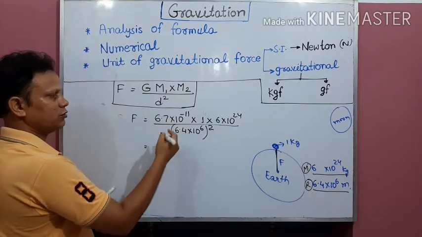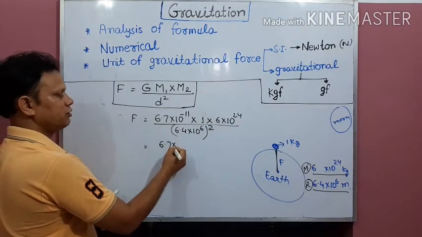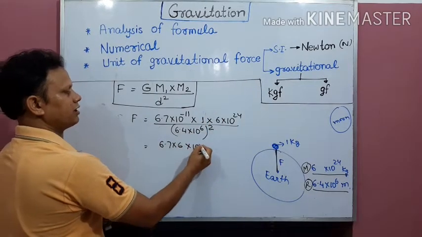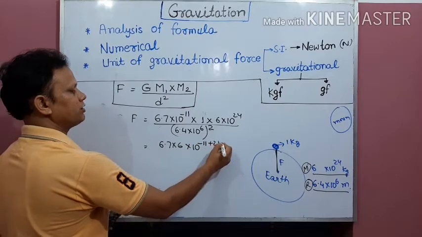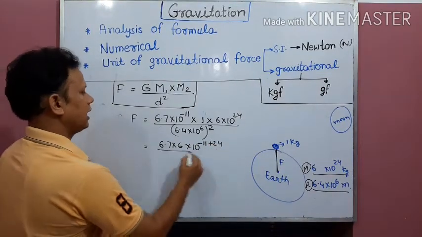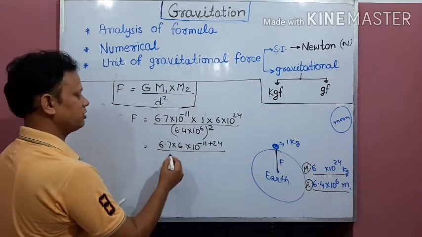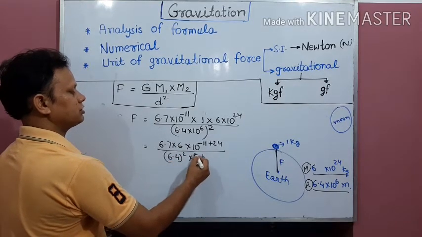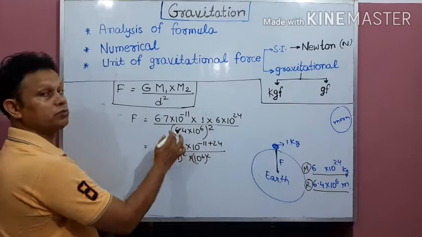Now when we do the calculation, 6.7 into 6 I have taken together, and for the powers of 10 we have taken 10 power minus 11 plus 24, according to mathematical rules. In the denominator it will be 6.4 square into 10 power 6 square, because the square gets distributed on both the numbers.